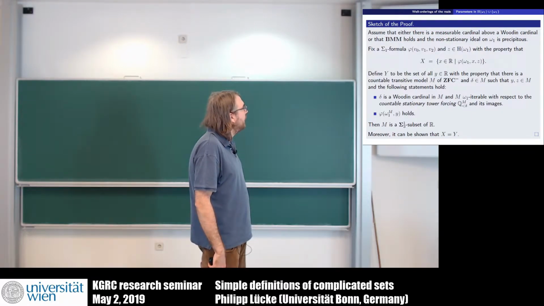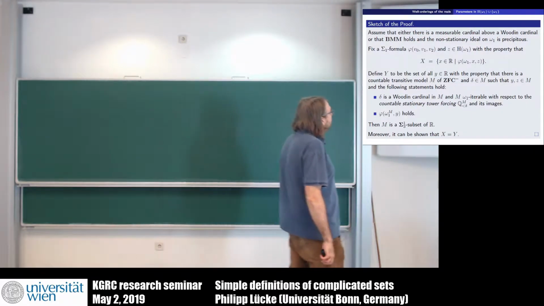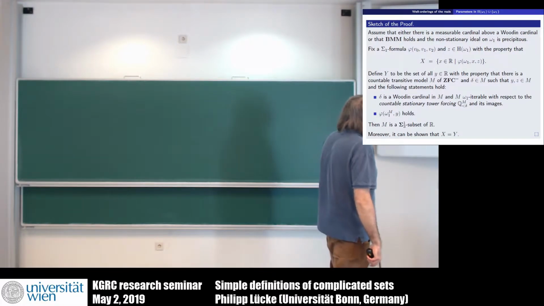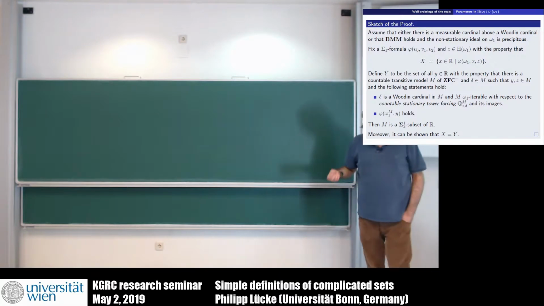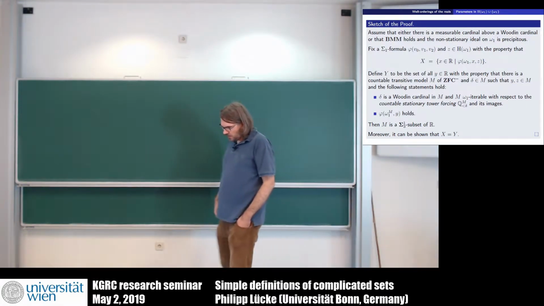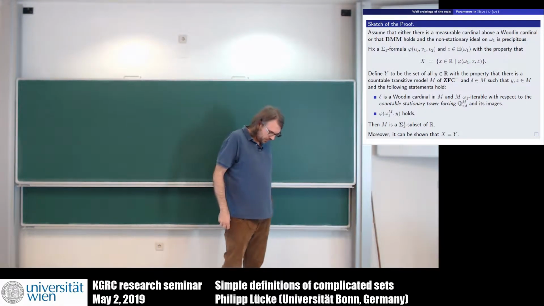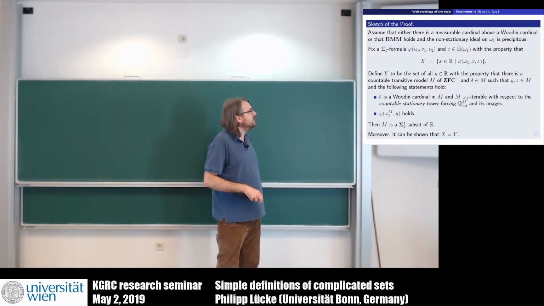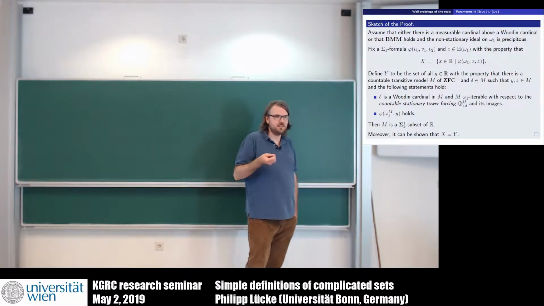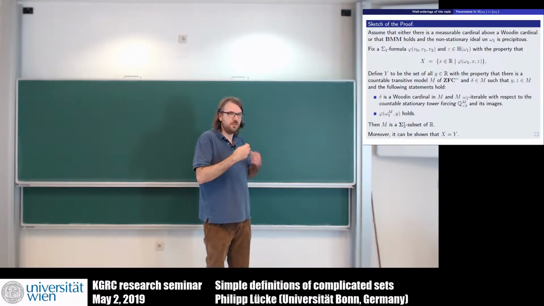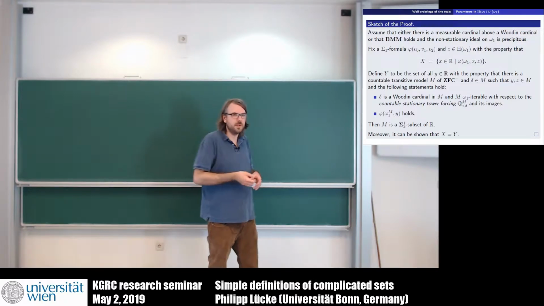So if you have an element of x, then this statement holds. So this is a sigma 1 statement, and the parameters have size at most aleph 1. So you can also code the witness for the existential statement into a set of size omega 1. So you can code the truth of the statement into some subset of omega 1.